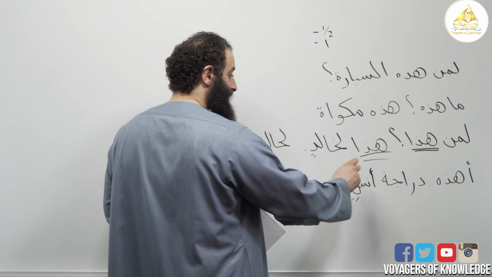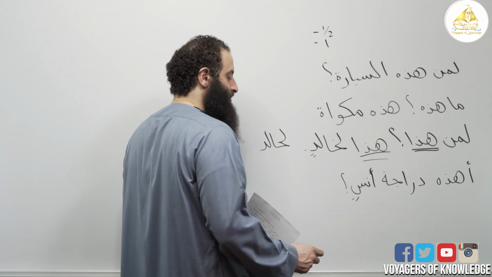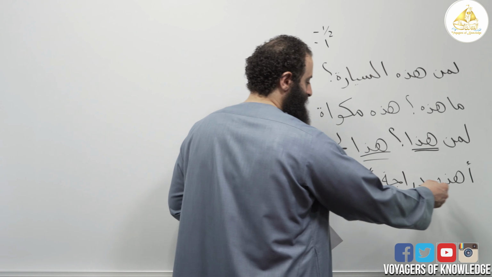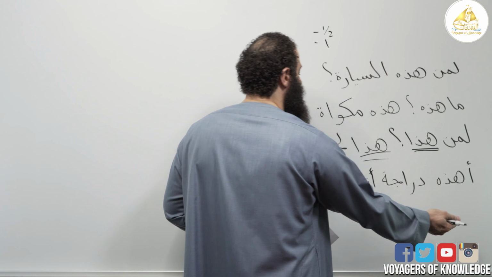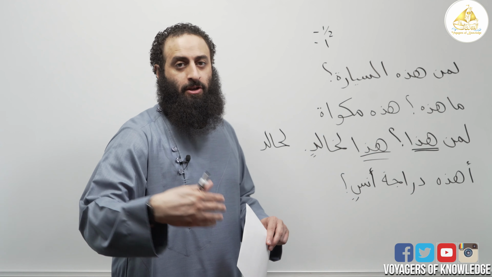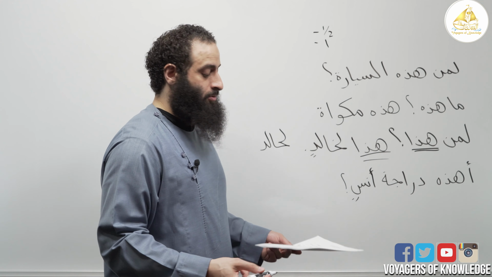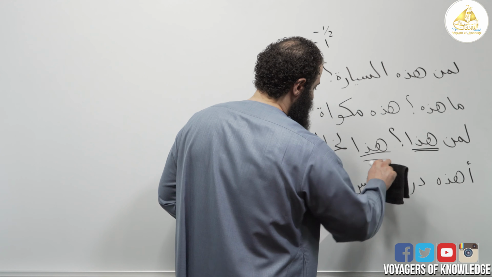Is this Anas's bicycle? Is it possible to push هذه somewhere else, and say الدراجة أنس, and then put هذه all the way at the end? Your sentence here is still valid, still accurate, so the answer would also be correct.